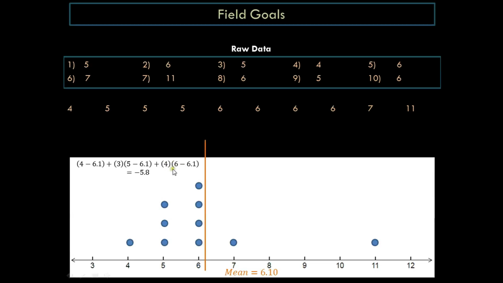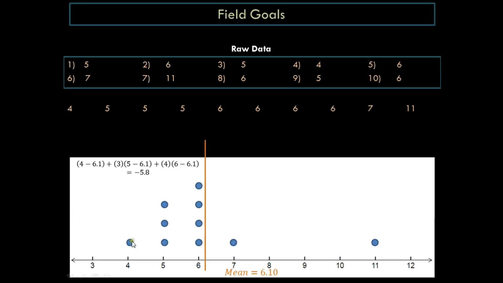We're measuring how far those that are lower than the mean are from the mean. We get a negative value, indicating that it is on the left side, lower than the mean. The sum of all the distances of these values from the mean is negative 5.8. We're considering the length.